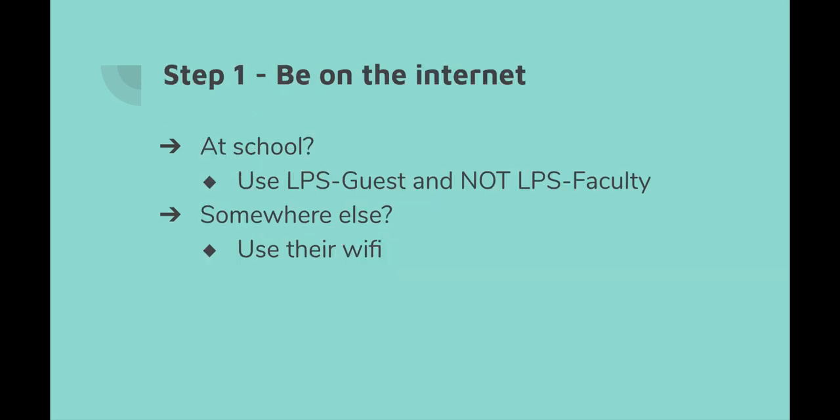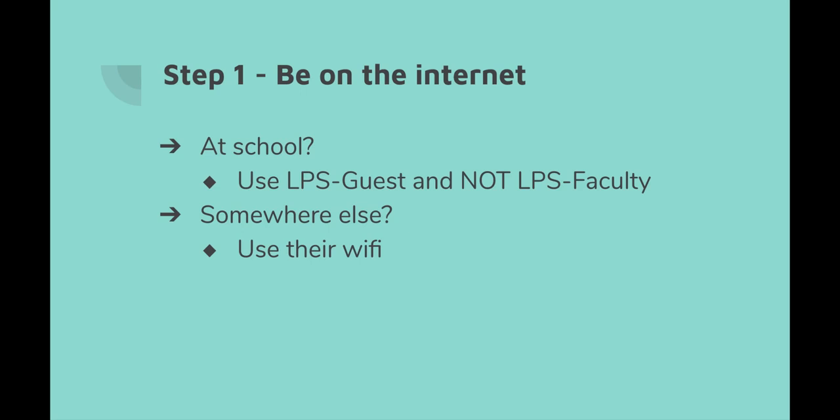So the first step in this whole process is that you need to be on the internet. If you're at school, your best bet is to use the guest Wi-Fi and not the faculty or student. The reason for that is that the faculty and student networks are both looking for a specific certificate installed on your computer, and the guest isn't.